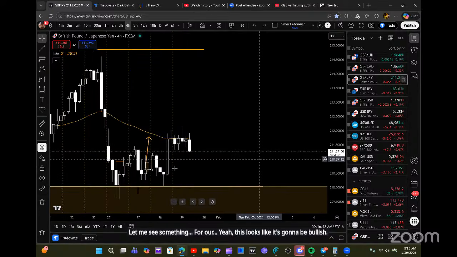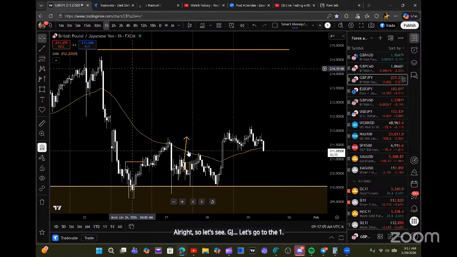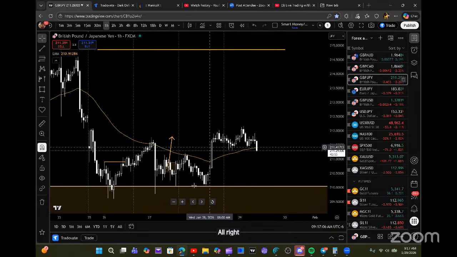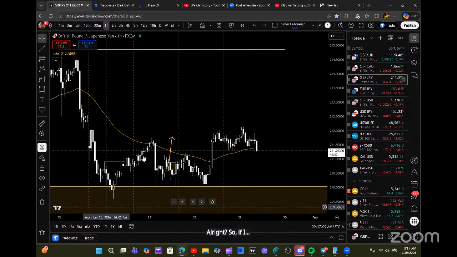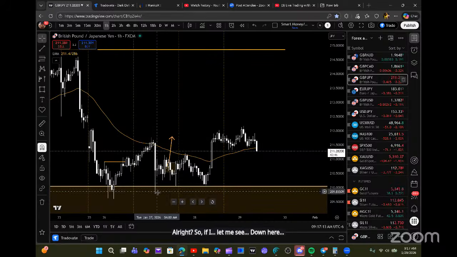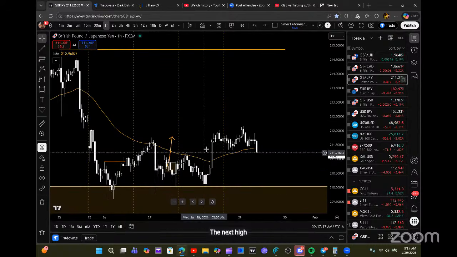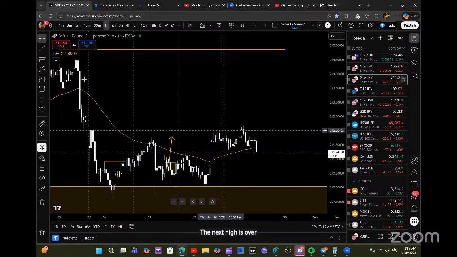All right. So let's see. GJ, let's go to the 1. If I, let me see, dump down here, then we came down here, made this low. The next high is over here. Let me see something.